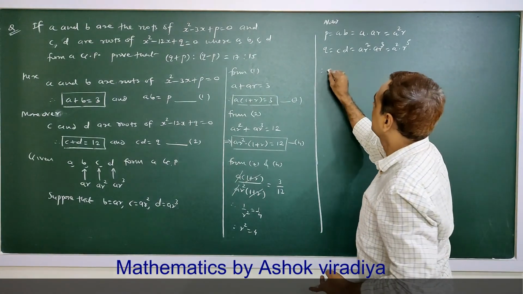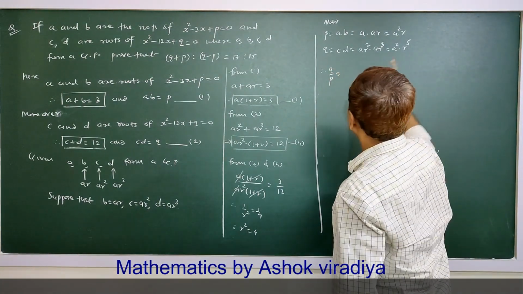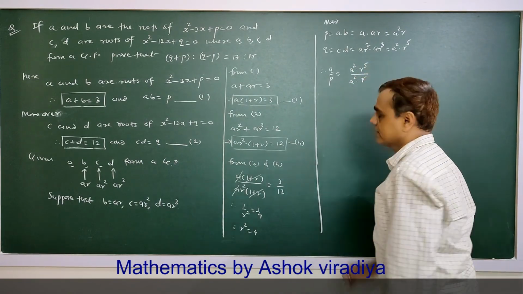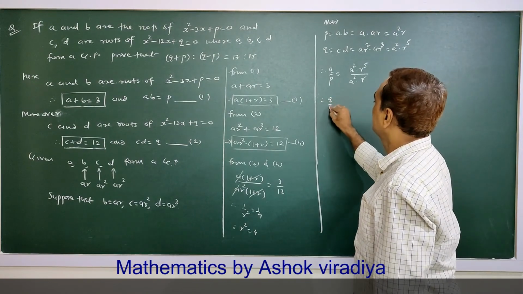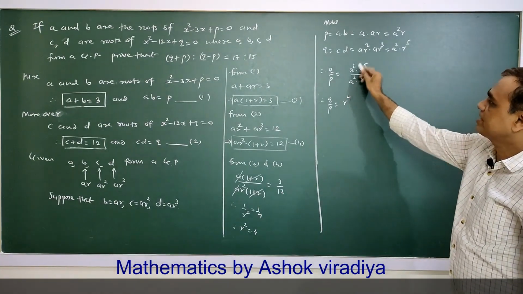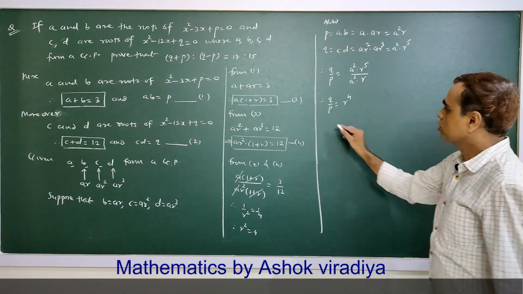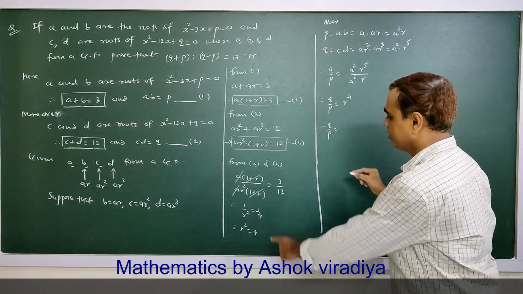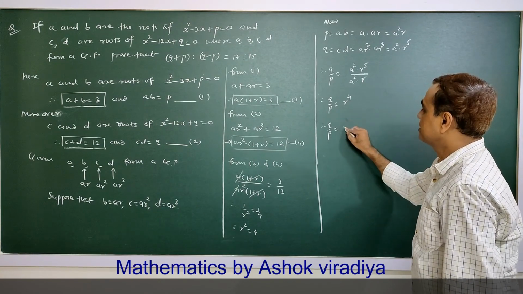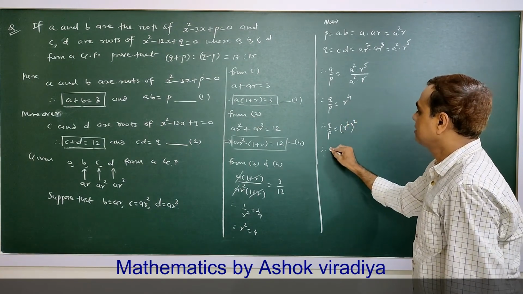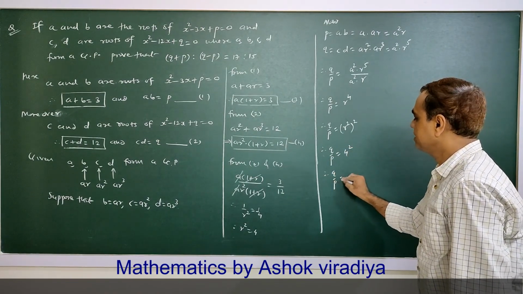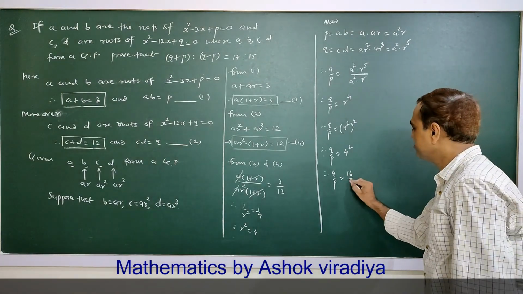Therefore Q upon P is A square into R raised to 5 upon A square into R. A square cancels, one R will be cancelled, so Q upon P is R raised to 4. Now look, R square is 4, so R raised to 4 is R square whole square. So Q upon P is 4 square, so Q upon P is 16, that is 16 by 1.